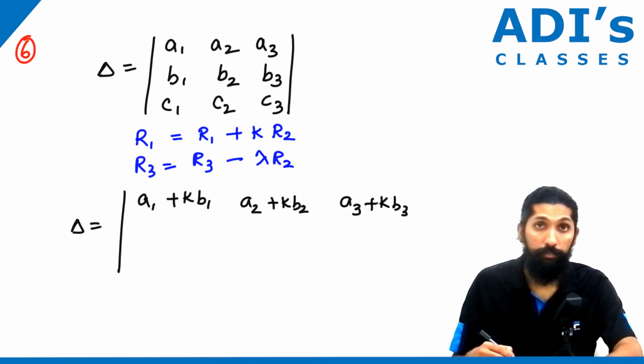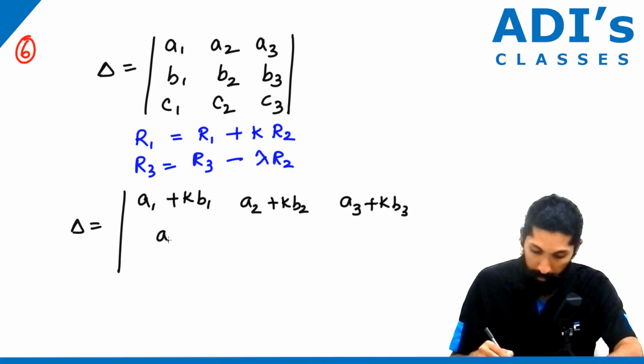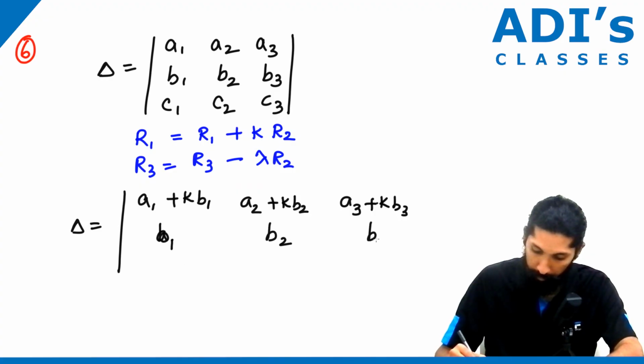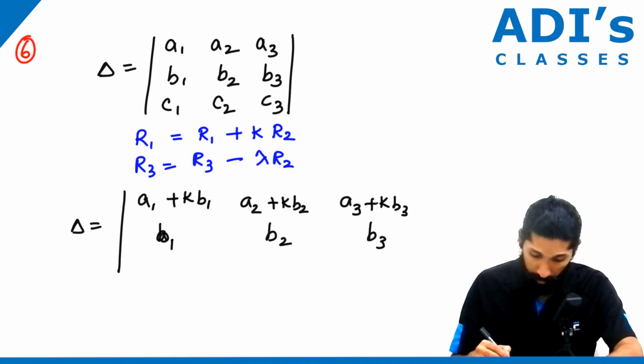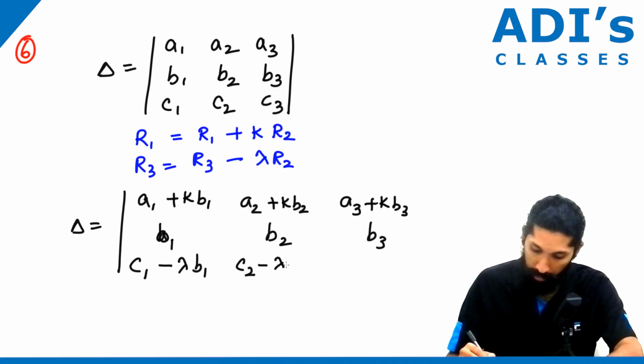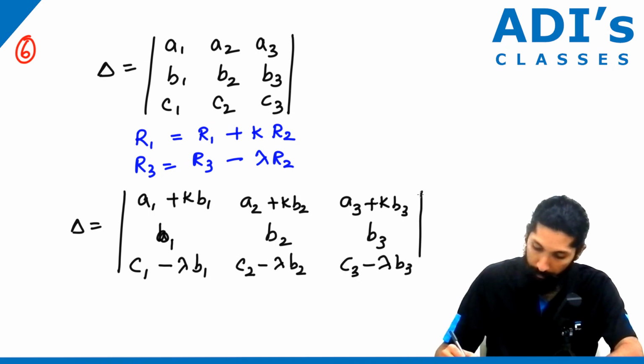The second row remains the same, B1, B2, B3. The third row changes to C1 minus lambda into B1, C2 minus lambda into B2, C3 minus lambda into B3.